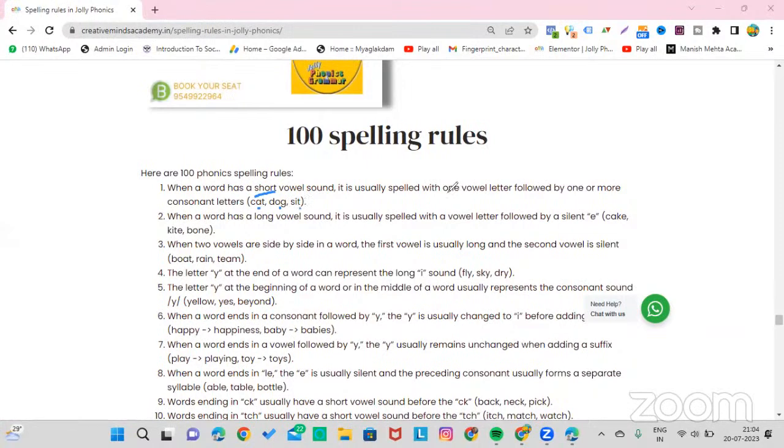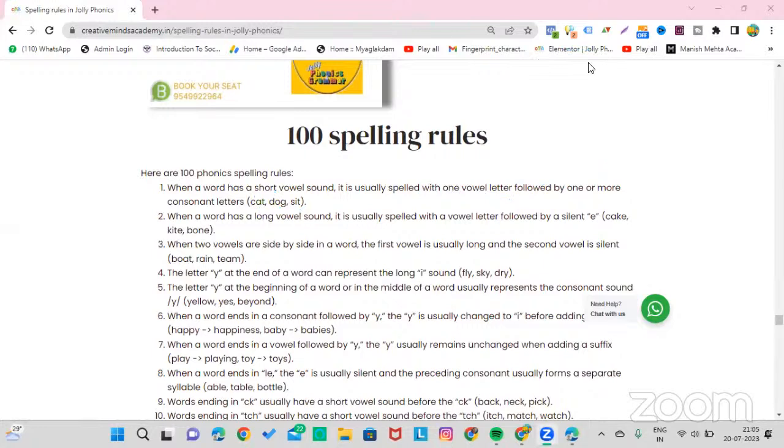There will be only one vowel letter and it will be followed by a consonant. That means the vowel which has a short sound will always be followed by a consonant. Okay.